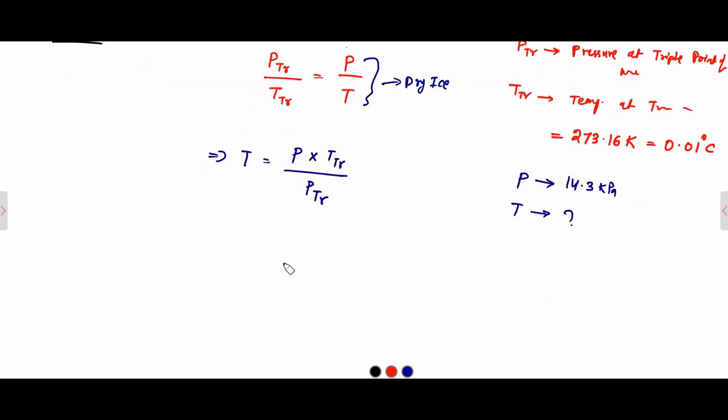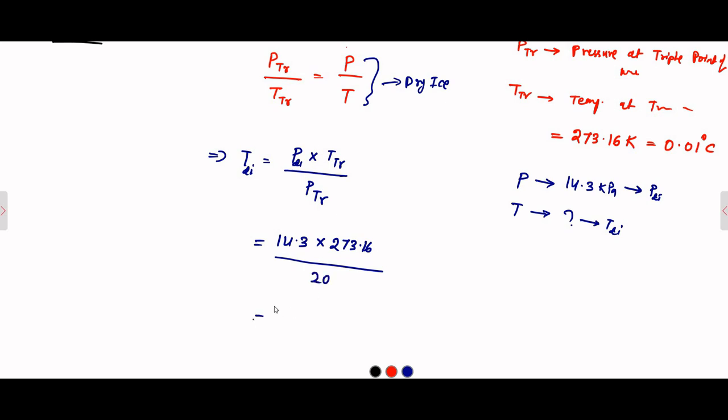So the temperature of dry ice is equal to the pressure of dry ice into the triple point temperature by the triple point pressure. This is the dry ice pressure, and this is the temperature of dry ice which we have to calculate. So that is equal to 14.3, both are in the same units, kilopascal, so they will cancel each other out, into 273.16 Kelvin by 20 kilopascal, which is the triple point pressure which is given.